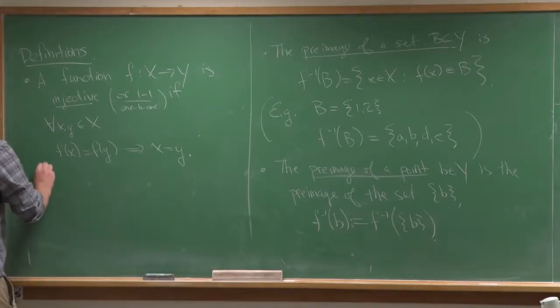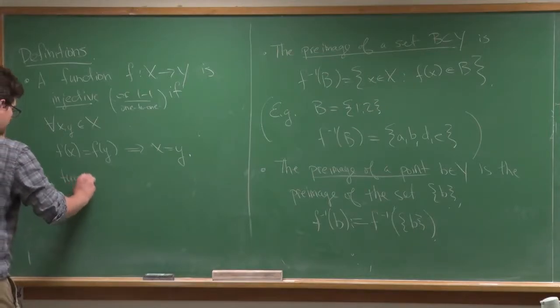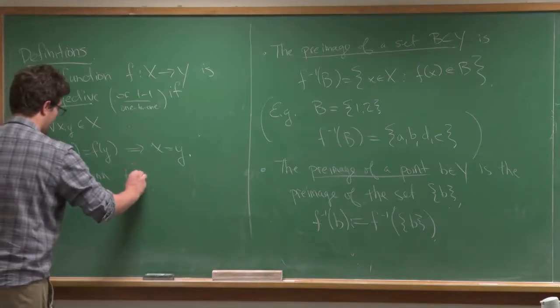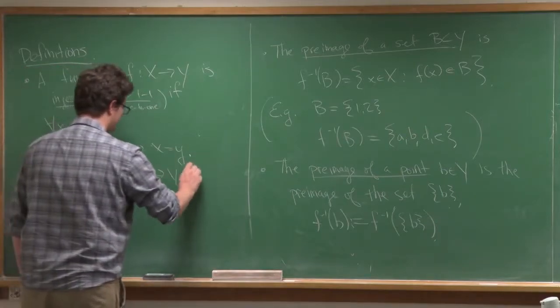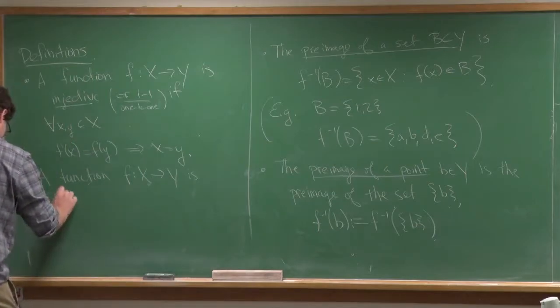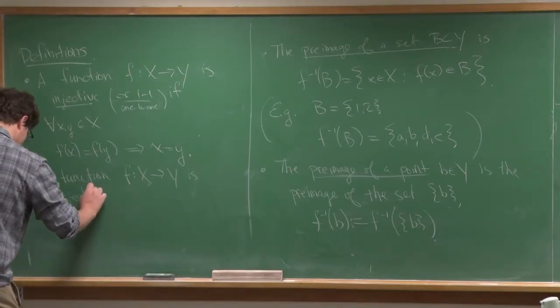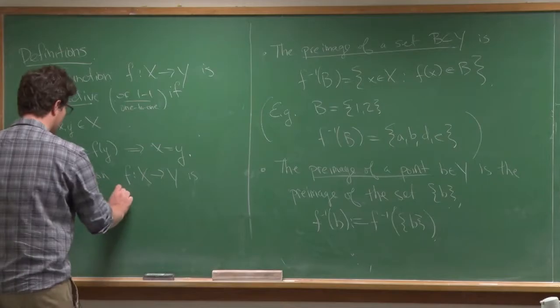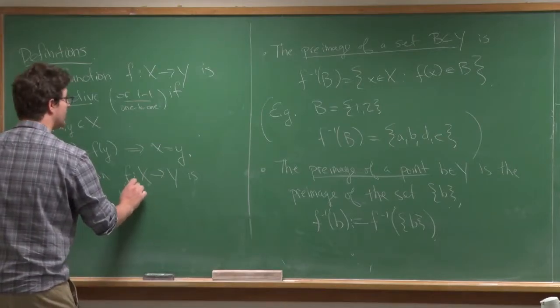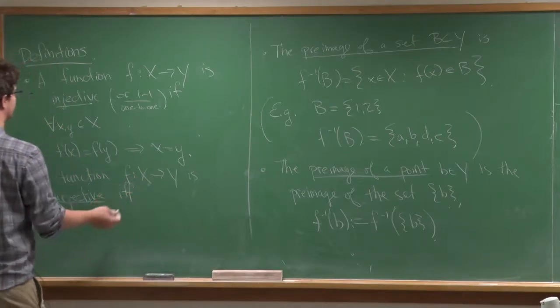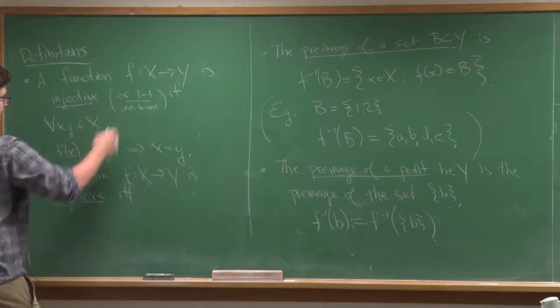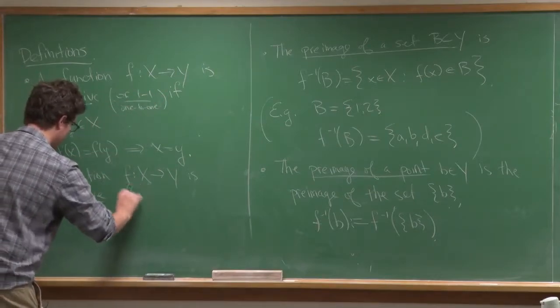So a function f from X to Y is surjective if and only if. So all definitions are if and only if. I could have written if there, but it really means an if and only if, right? We talked about that before.